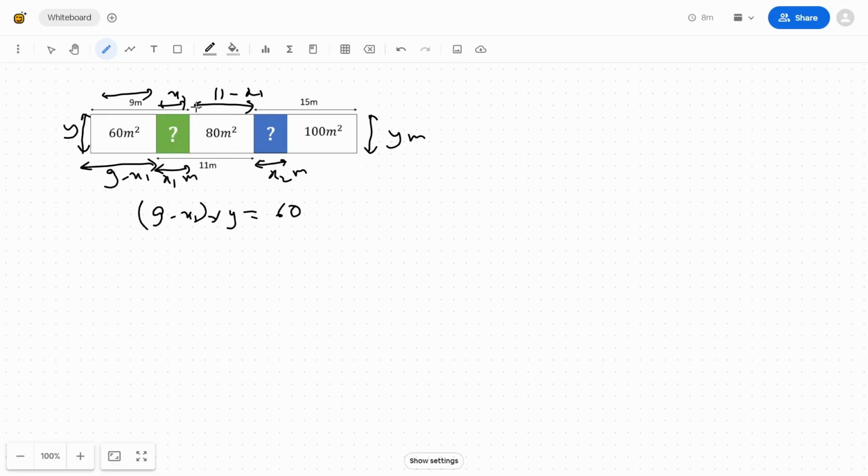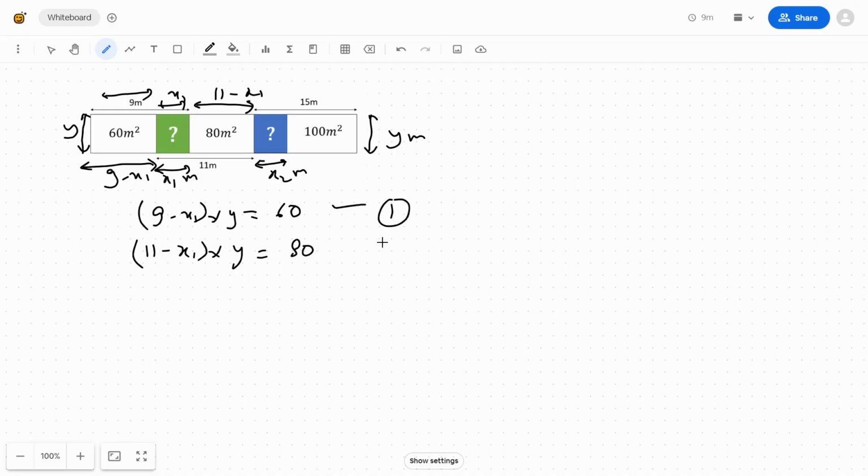That's why length of this part of rectangle is 11 minus x1. Hence, to calculate via the length and breadth, it will turn out to be 11 minus x1 into y is equal to 80.